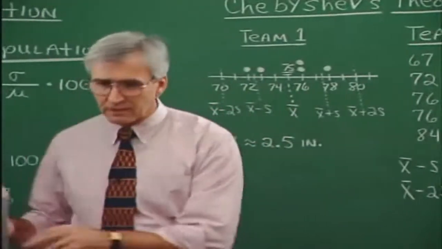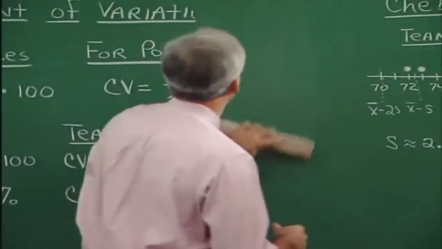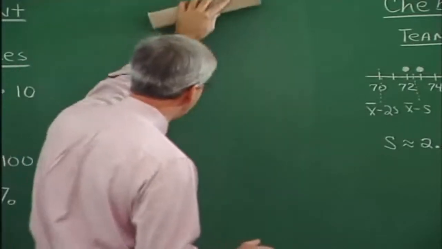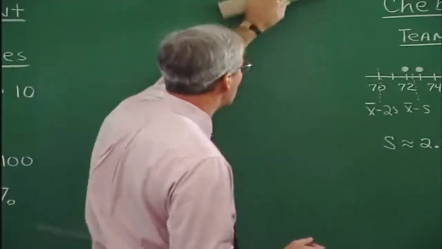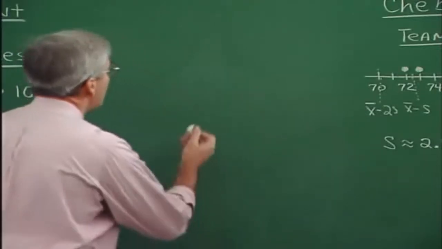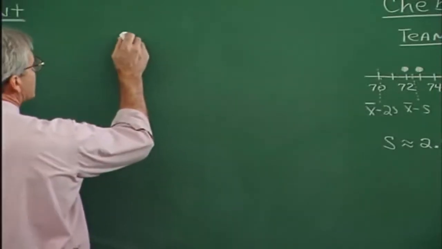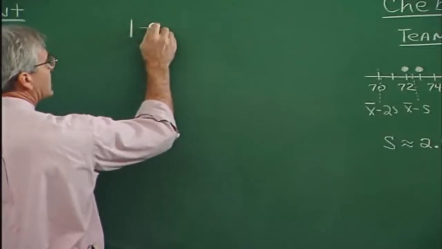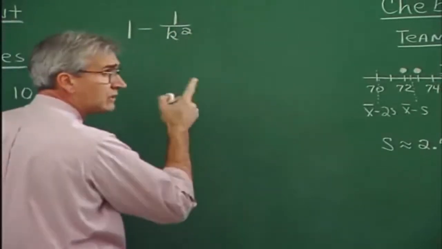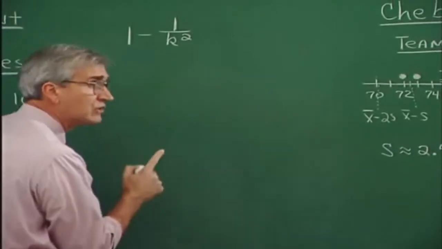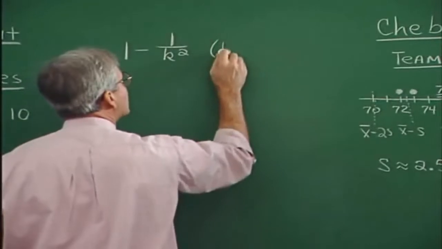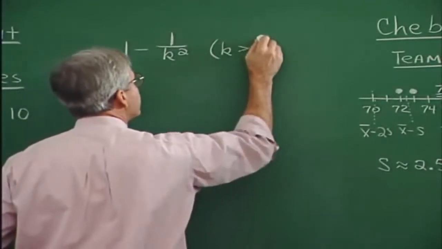He says that we can calculate the percent of values that are within a certain number of standard deviations from the mean by using this relationship, 1 minus 1 over k squared, where k is some number of standard deviations, and we can rely on this as long as k is greater than 1.